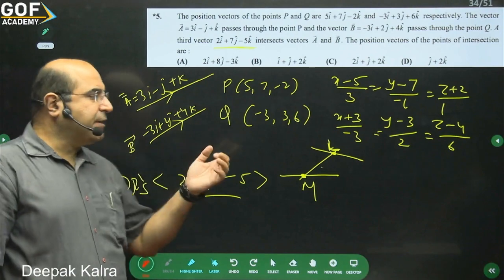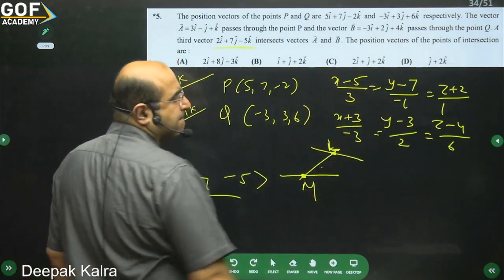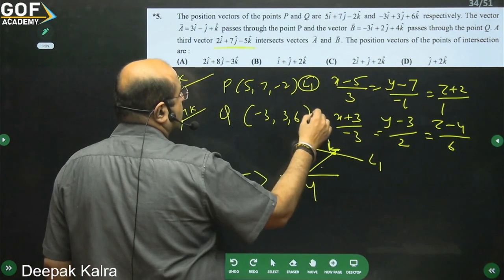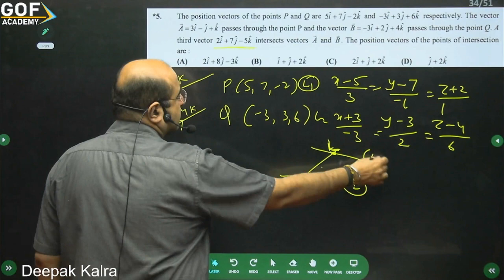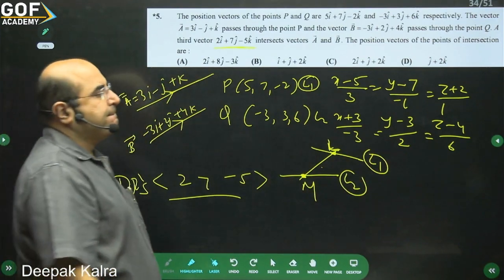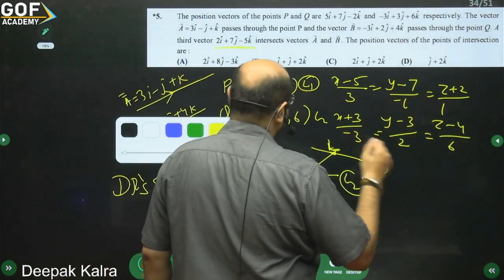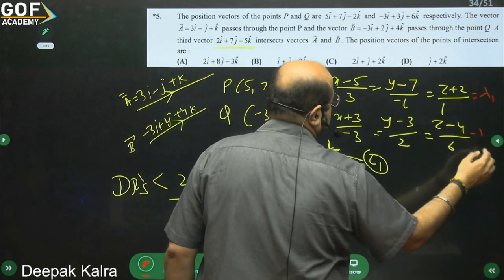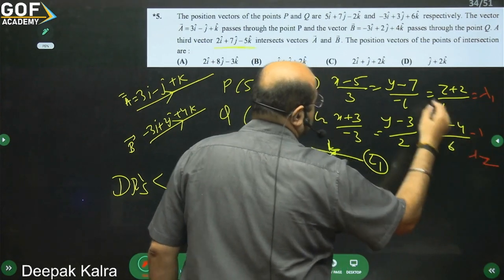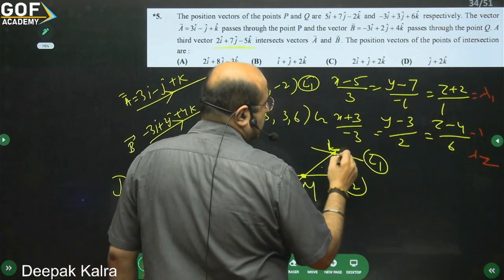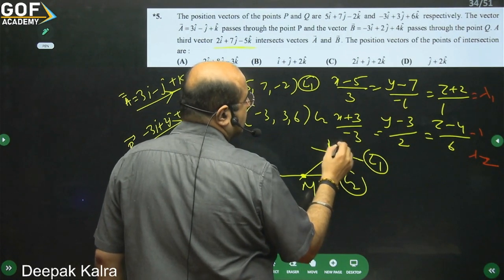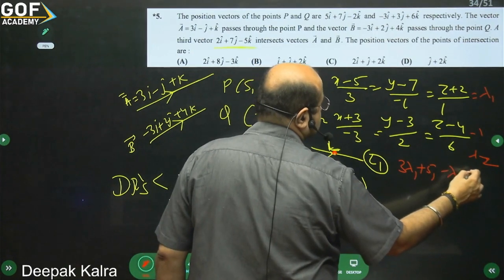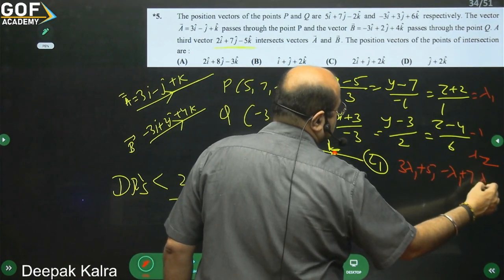So it is not difficult, the only thing is you got these lines. This is line 1, let us suppose, made from this. This is line 2, made from this. So you take a general point by taking lambda 1 on this and lambda 2 on this. So you get this point assumed as 3 lambda 1 plus 5, minus lambda 1 plus 7 and lambda 1 minus 2.